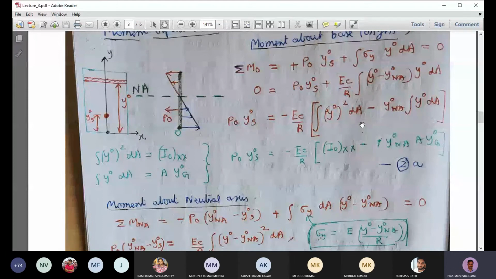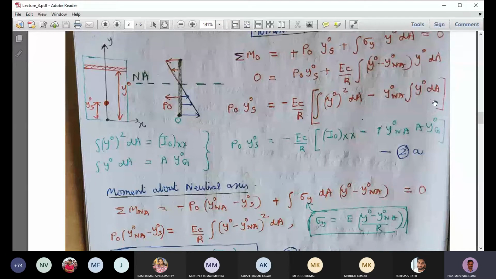We already did that. It will be A times the distance of the centroid, so A times y naught g. So we simplify this equation further. We get P y naught s is equal to minus EC by R times (I naught xx, the moment of inertia of this area about the x-axis, minus yna A y naught g). So y naught dA we replace with A y naught g. Let's call this equation 2a.